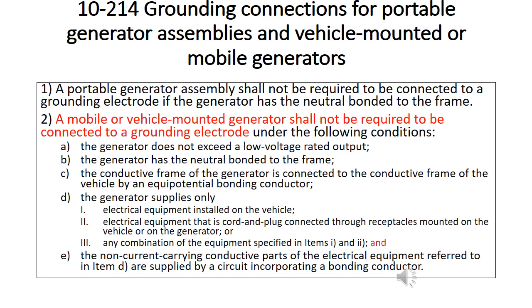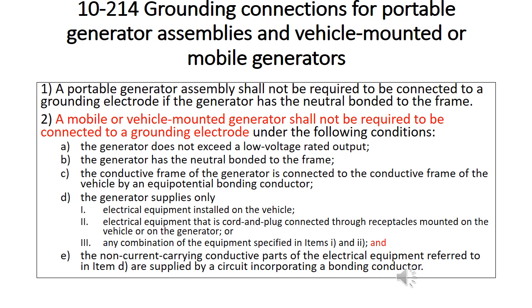It is rated at not more than 12 kilowatts and not more than 240 volts, and is intended to be used as an isolated system for the supply of cord-connected electrical equipment.